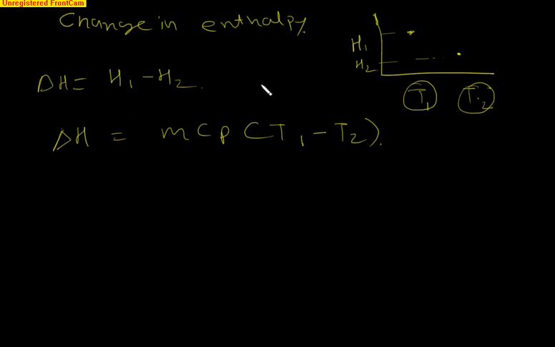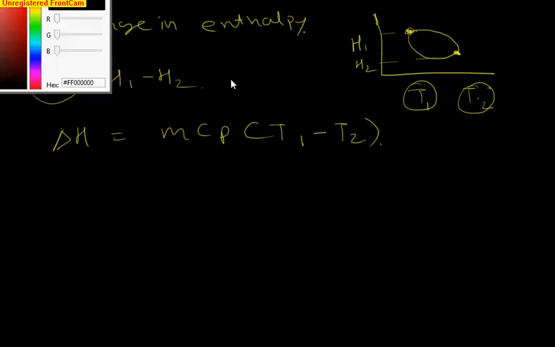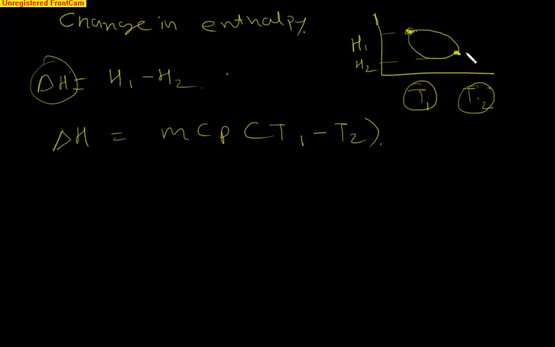That much simple is this. It just depends on initial and final conditions, independent of the path followed by the system. For example, the system takes this path or this path, delta H will not be affected because it just depends on initial and final temperature. That's it. This is an example of a state function.